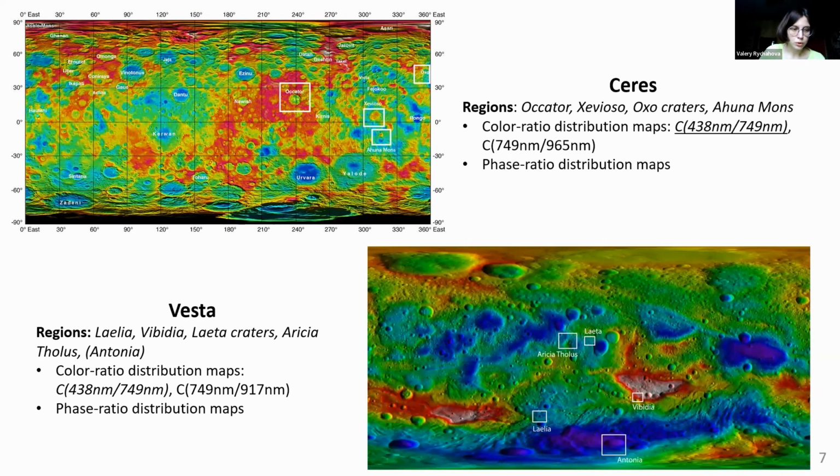For Vesta, it was important to obtain both ratios that characterize the slope of the spectra, as well as the depth of the pyroxene band. Next, please.